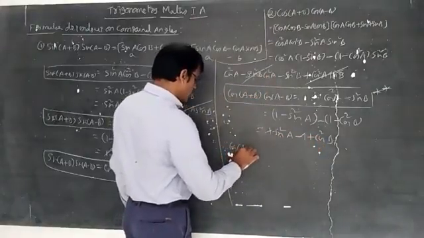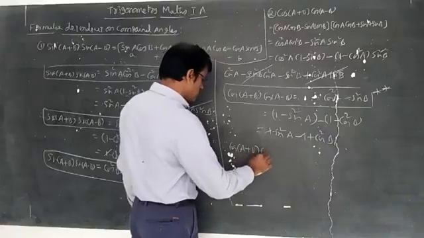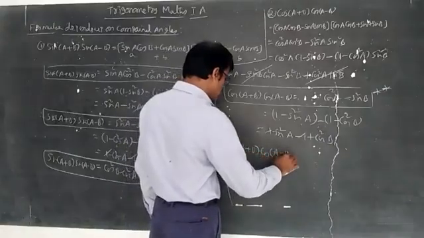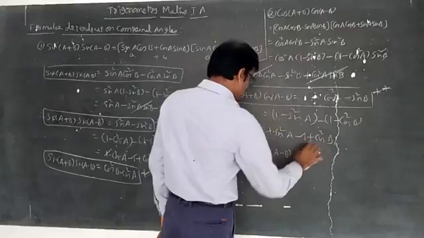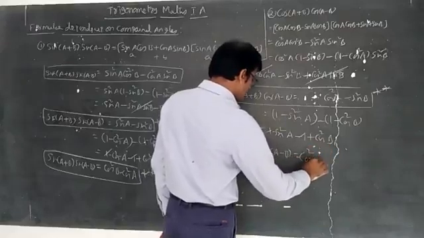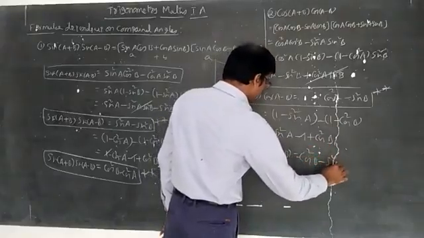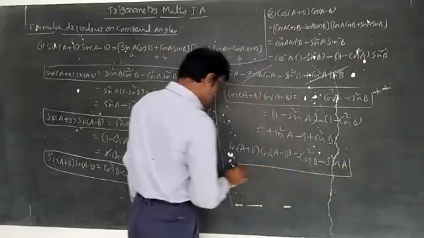Therefore, write the formula: cos of A plus B into cos of A minus B is equal to cos square B minus sin square A.